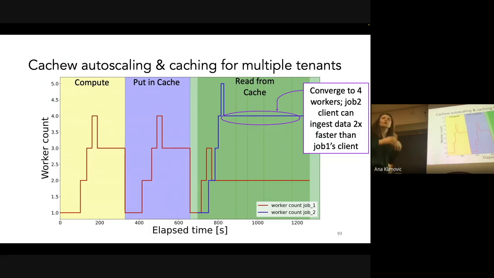This is because even if your input pipeline is the same, it doesn't mean that your training client's ingestion requirements are the same. For example, this job can be using a 2 times faster GPU and therefore need more workers to satisfy its input pipeline. So we do this auto-scaling independently for each job, but the caching, hit detection, and reading from cache can be shared across jobs.